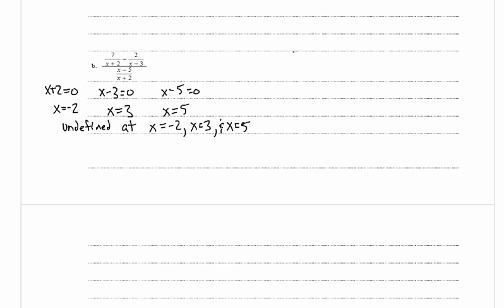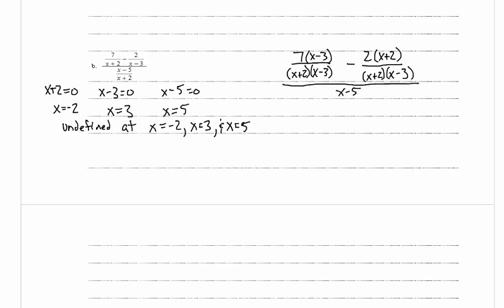So I have 7 times the missing factor, which is x minus 3, divided by x plus 2 times x minus 3, minus 2 times the missing factor, which is x plus 2, divided by x plus 2 times x minus 3. And all of that is divided by x minus 5 divided by x plus 2.